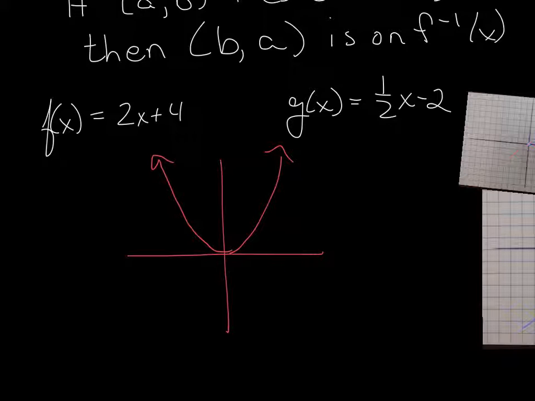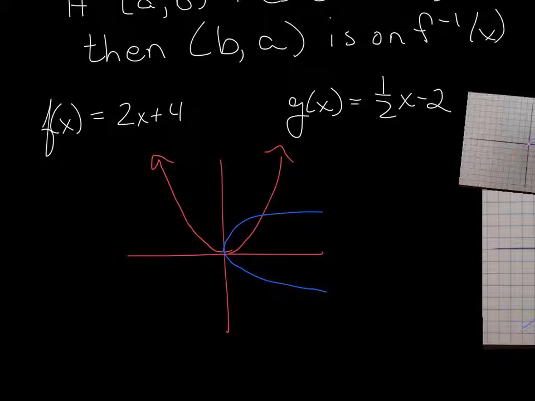When we just looked at the right half, we had a square root function. If I took that parabola and tried to graph the inverse, it would probably look like this. But is that a function? No, that's not a function. How do you know, Sean, that's not a function? It doesn't pass the vertical line test.